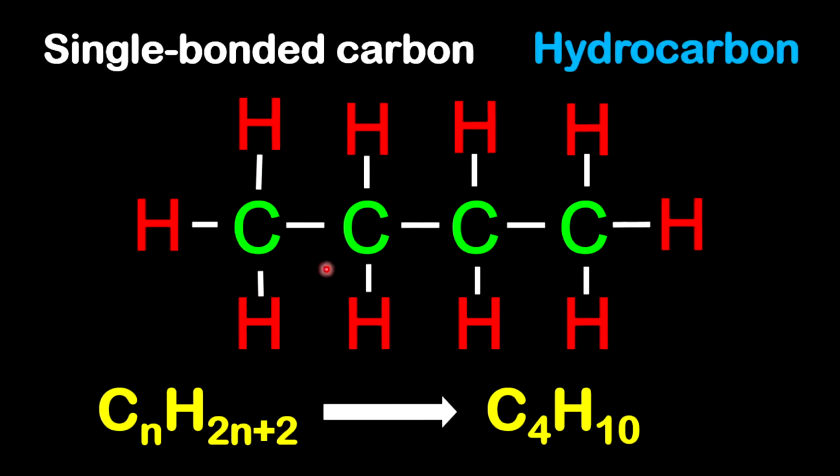Notice that 3, 2, 5, plus 2 more is 7, plus 3 more hydrogen, that gives you 10. So that's the 3 concepts all together: single bonded carbon atoms, hydrocarbons contain carbon and hydrogen, and based on the general formula, if we have 4 carbons, we should have 10 hydrogens.